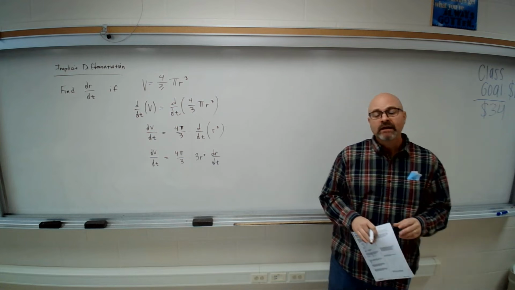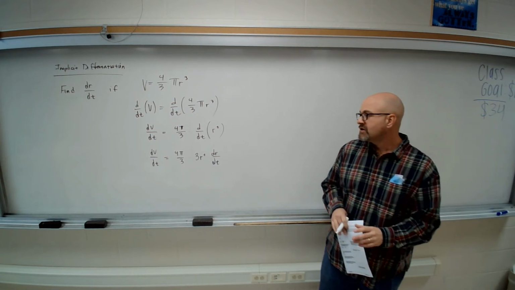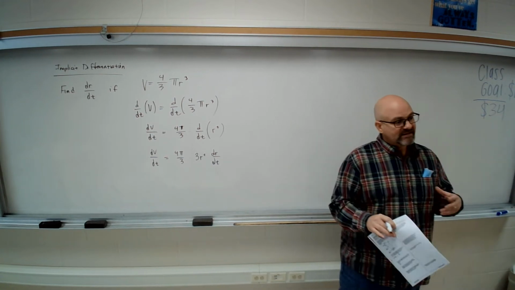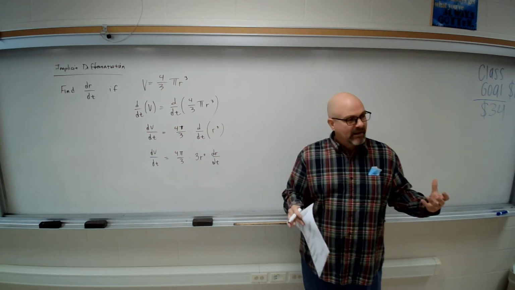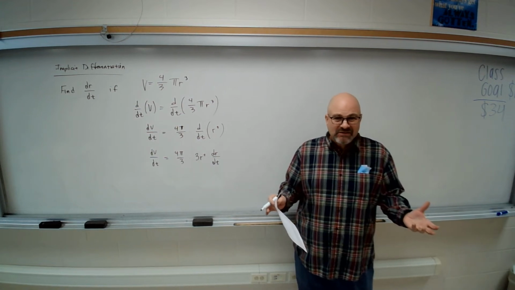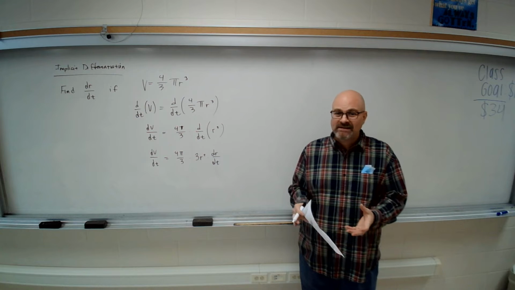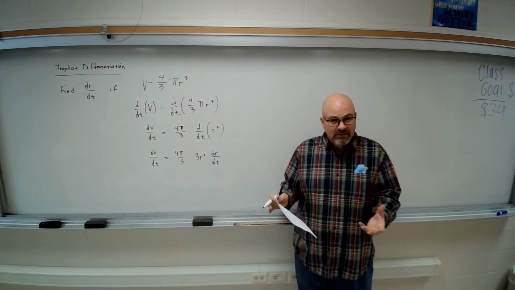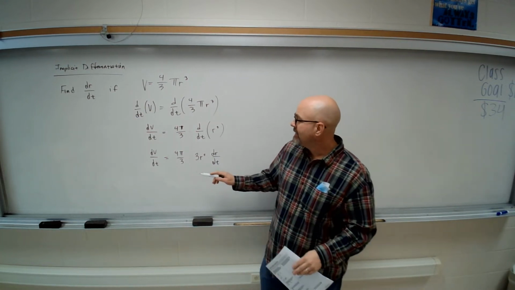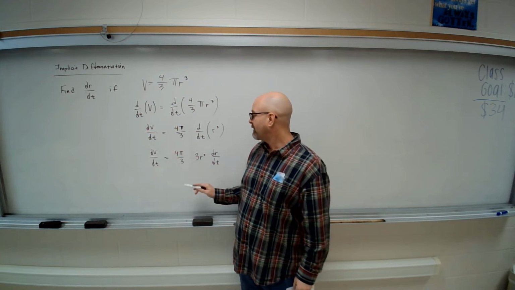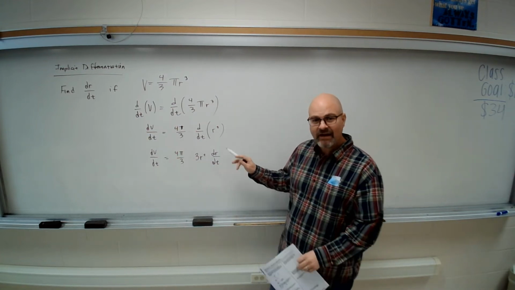Now at this point, you could just start randomly dividing things and you could get dr over dt by itself, but we're actually going to use it for something, so it'd be nice if it's in a form that's relatively usable. Now, looking ahead, we're probably going to put in a whole number for r, or its own value.